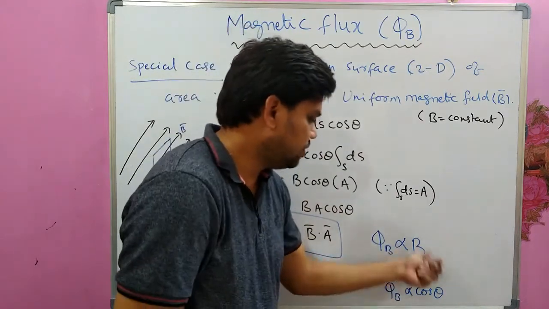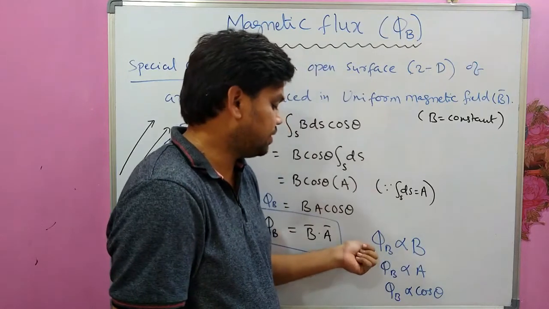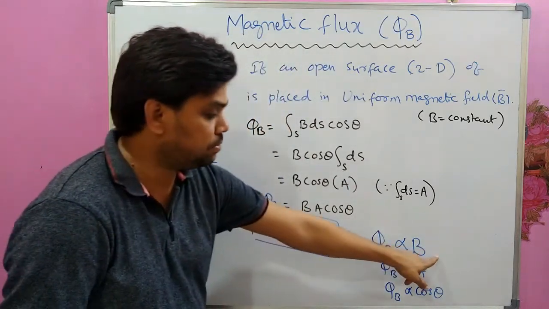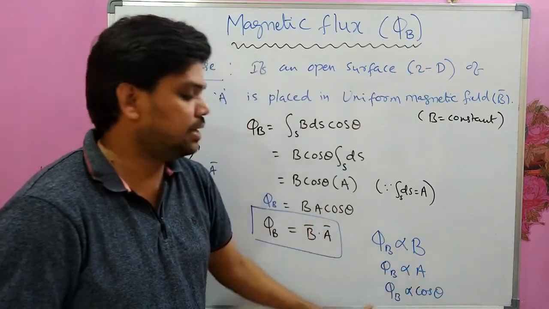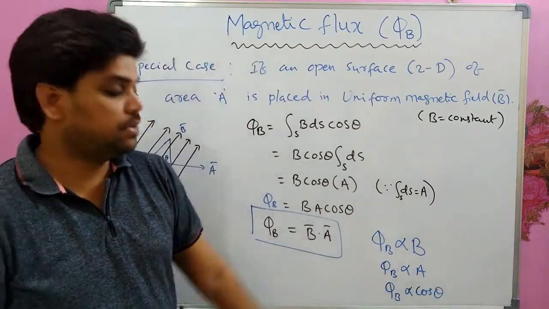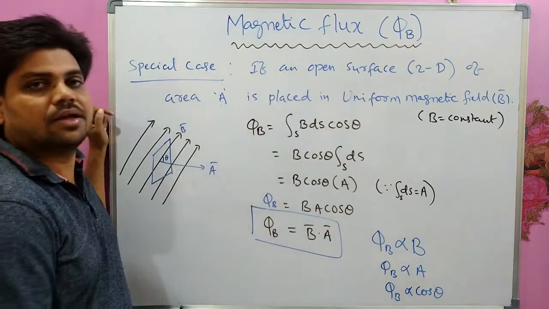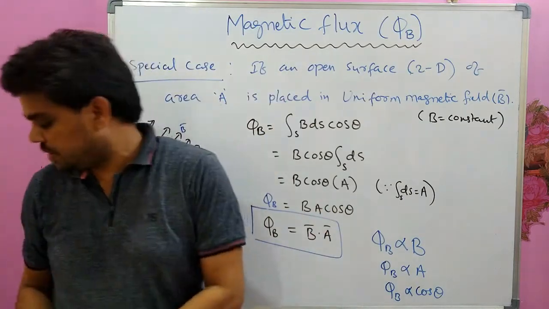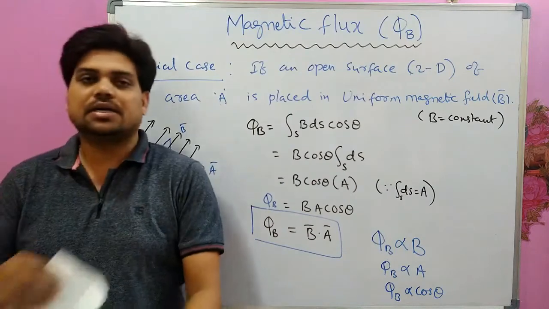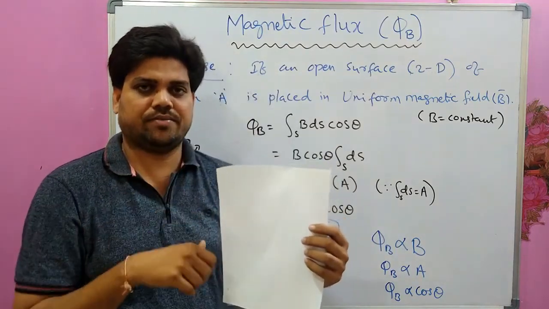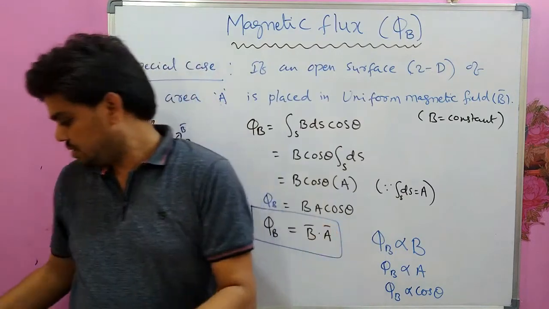So these are the factors that affect magnetic flux passing through the surface. It depends on B, on A, and on the angle between B and A. It's a very special case. Open surface means something which is in two dimensions, just like this, or a circle, whatever.